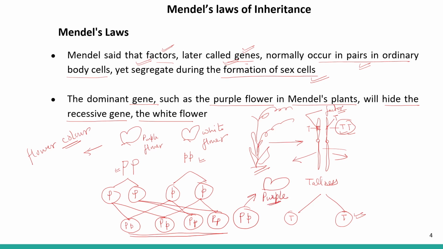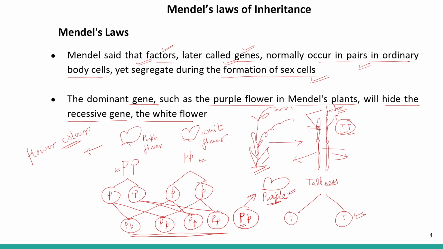Why so? Because this capital P is a dominant gene or a dominant factor and it suppresses small p. So small p is not able to express itself in the presence of capital P, and the flower appears as purple only.